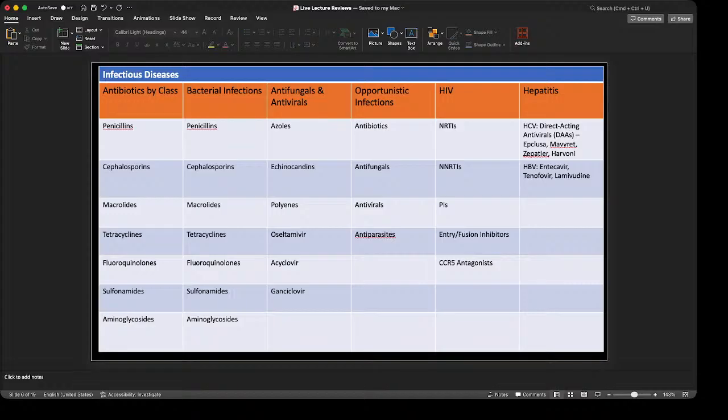You might get a question on the test on vaccinations, so it's a good idea to at least look over that to know which vaccines are live vaccines and which ones are not, and the interval at which each of these vaccines should be used. So know all of that.